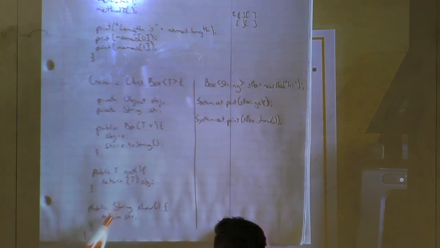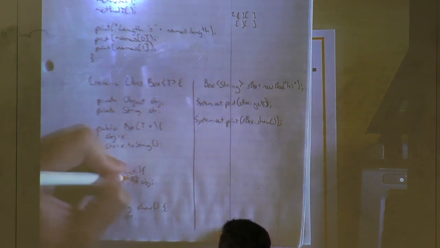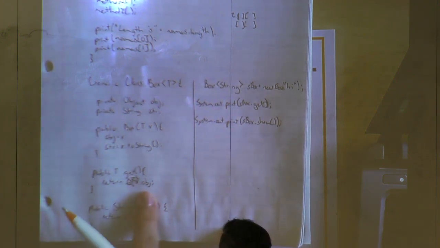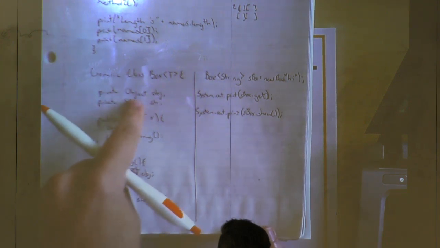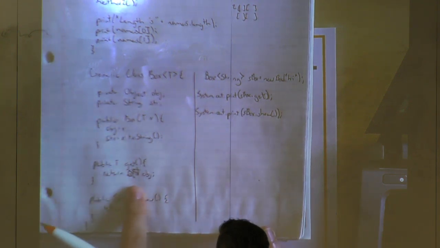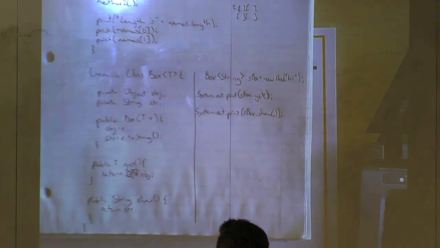And so if we didn't have this here, and we tried return object without it, then the type of object would be Object instead of T. And so you couldn't even compile this because you're returning a type mismatch.